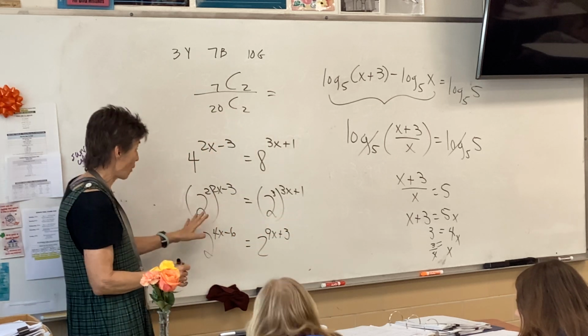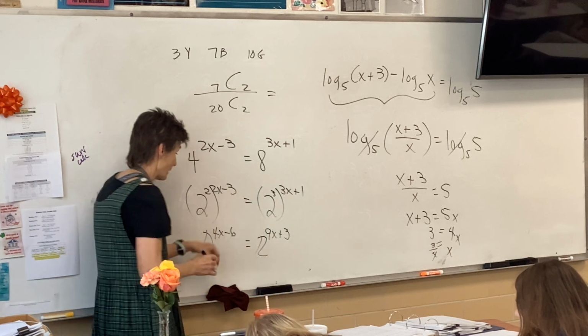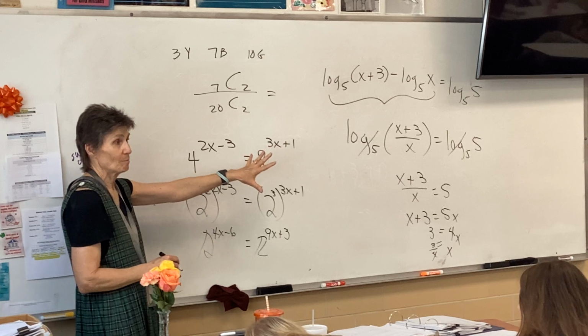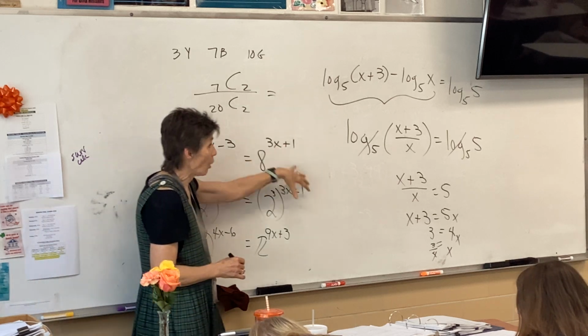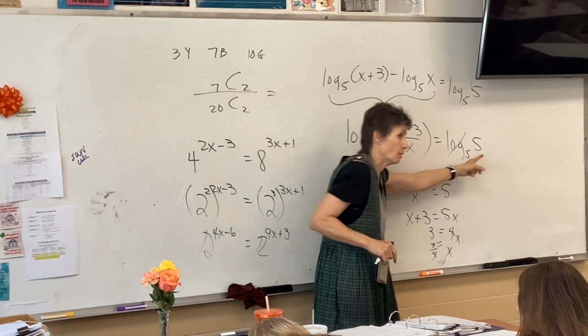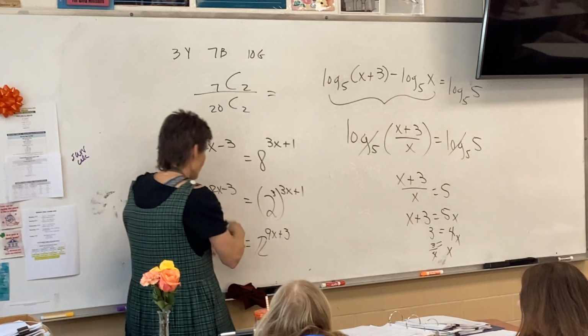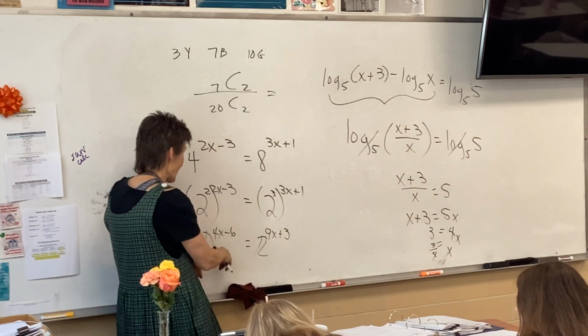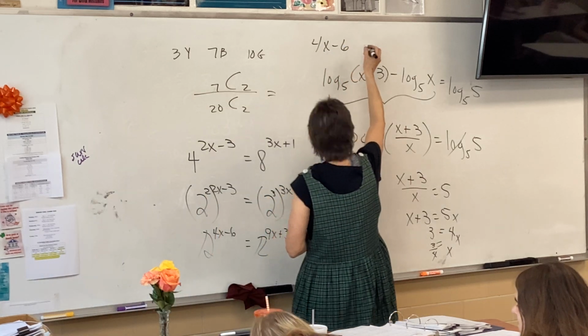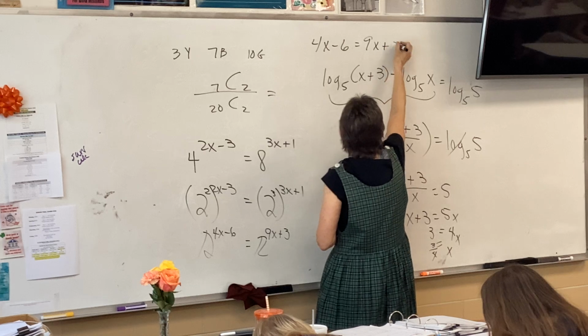Now I can drop the bases and set these equal to each other. So it's similar to the logarithm thing. Once you get log equals log, you can just forget that and set these equal. Well, once you get 2 equals 2, you can forget that and just solve 4x minus 6 equals 9x plus 3.